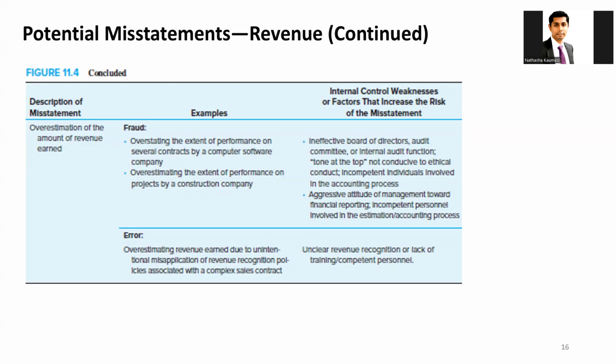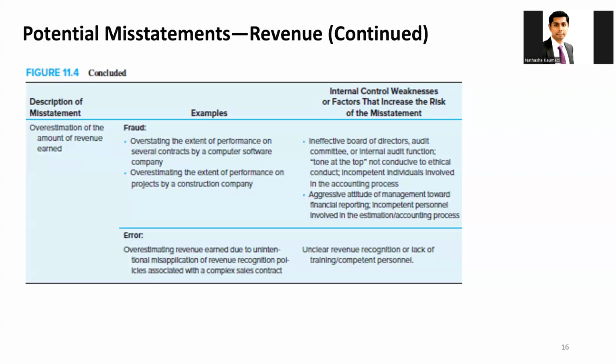Sometimes when there are fraud indicators, that will lead you to think that there can be frauds in other captions as well. When there's fraud in one caption, definitely there can be frauds in other captions as well. There can be impacts on expenses. There can be impacts on payables. Likewise, there can be issues.